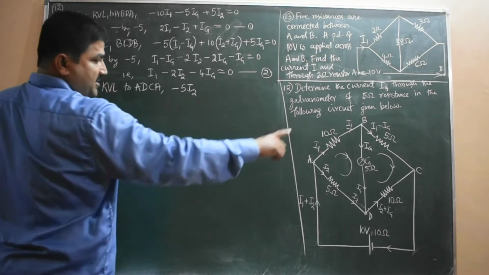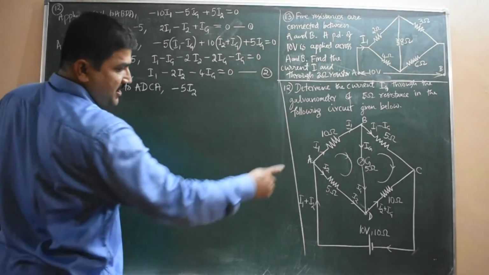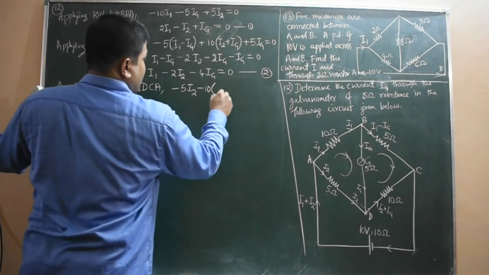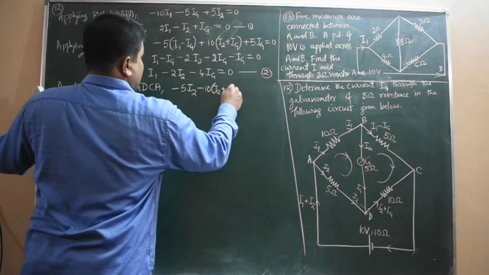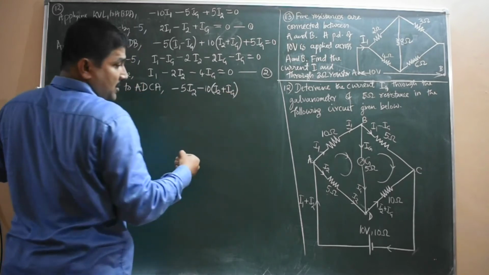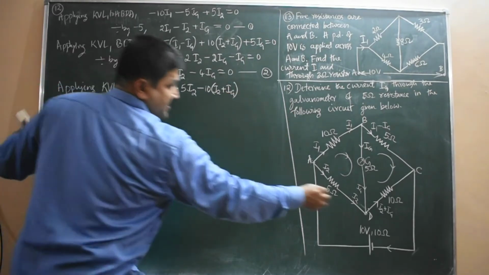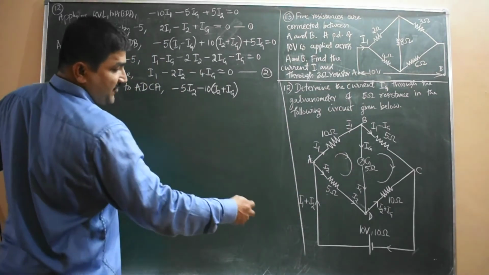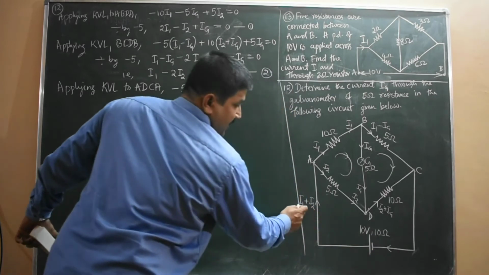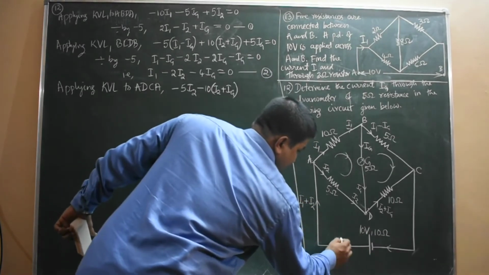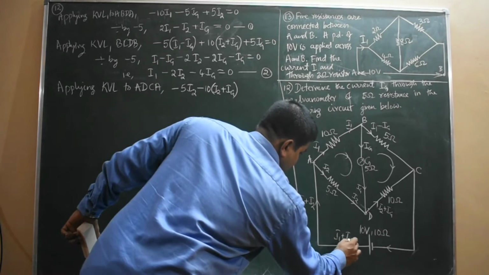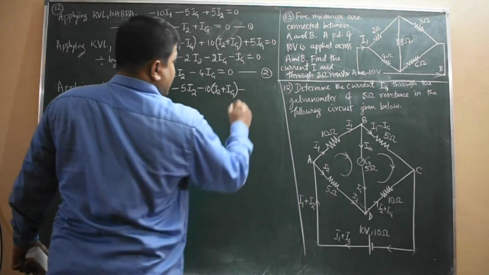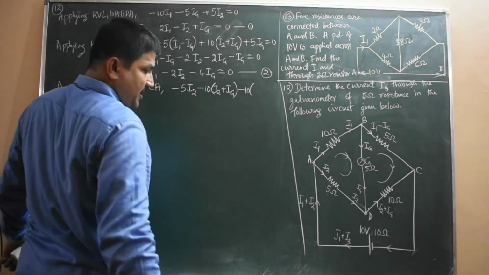Then D to C, current is I2 plus Ig and resistance 10 ohm, so minus 10 times (I2 plus Ig). Then C to A, through the cell, in the direction of current, resistance 10 ohm and current I1 plus I2 drawn from the battery, so minus 10 times (I1 plus I2).